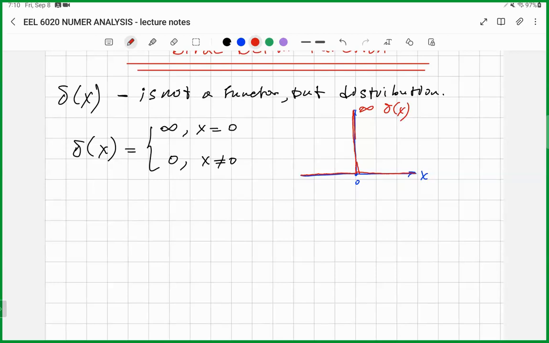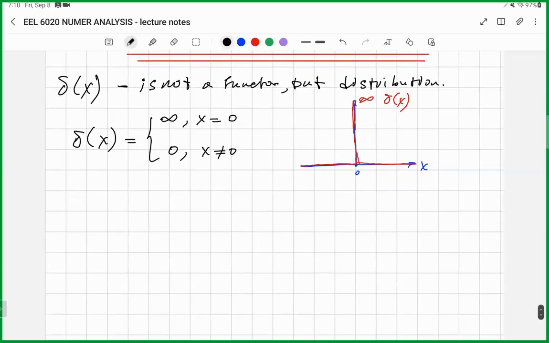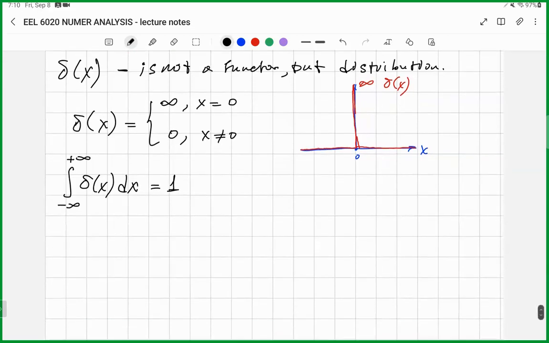But I also impose this restriction of normalization of this function. So if I integrate this function from minus infinity to plus infinity dx, I require this integral to be equal to 1, to unit.